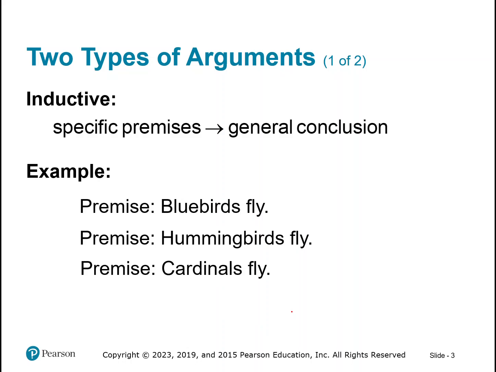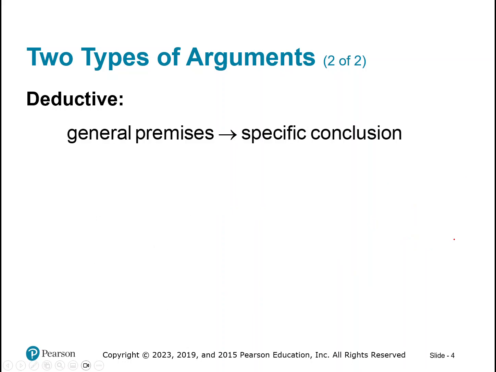Cardinals can fly. You getting a theme here? Our conclusion: all birds fly. It's not true, but it's an inductive type of argument. We go from the specific, bluebirds, hummingbirds, cardinals, to the general. So think of it as specific goes general. We start here and we say something larger.